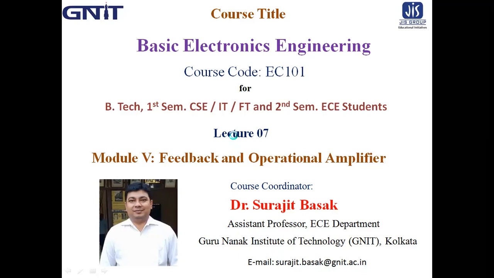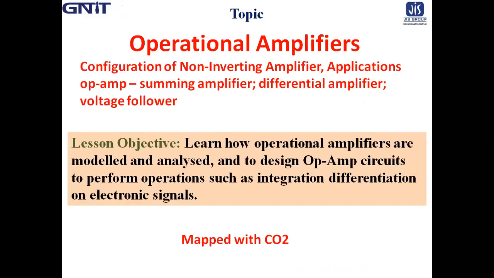Today we are going to start lecture number 7 from the fifth module, that is feedback and operational amplifier. In the last class, we discussed the equivalent circuit of ideal op-amp as well as practical op-amp, and a few necessary parameters of op-amp like offset error voltage and current, input offset voltage, input offset current, input bias current, output offset voltage, slew rate and CMRR.